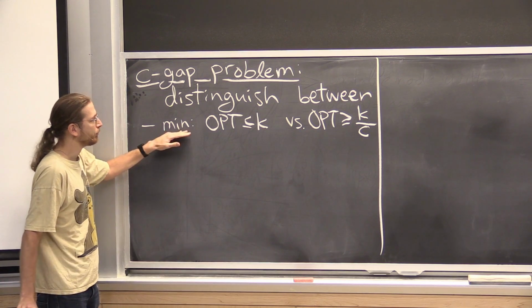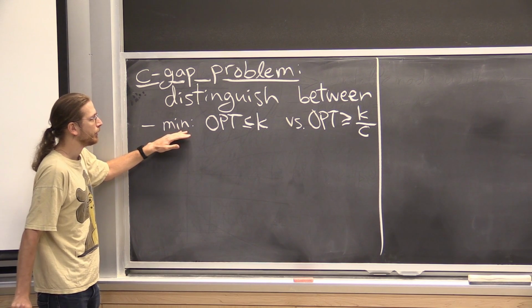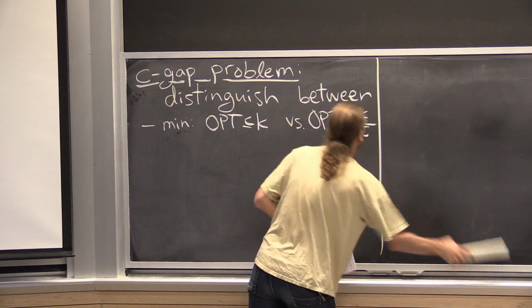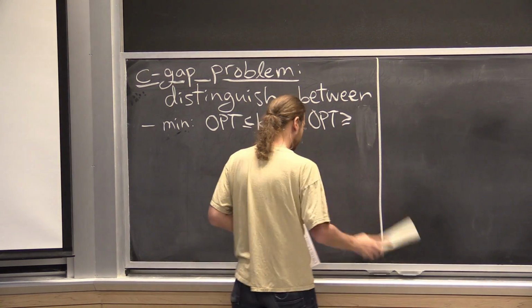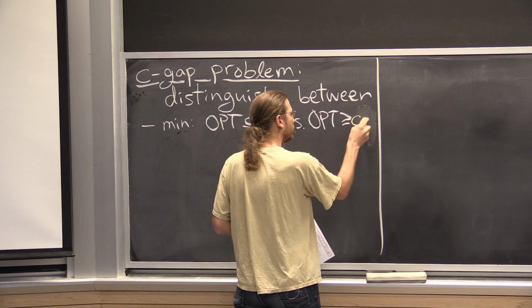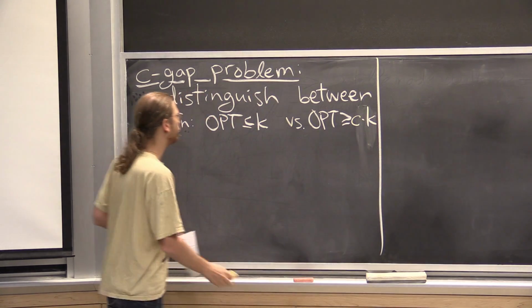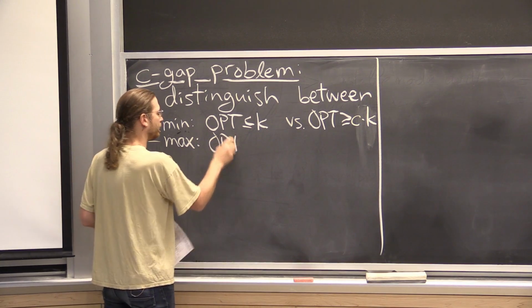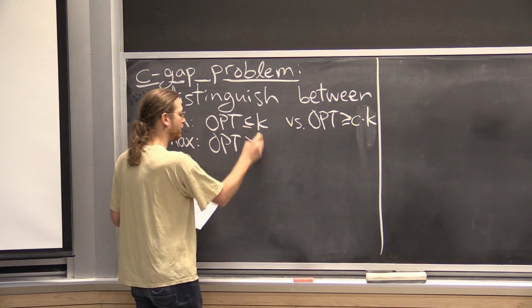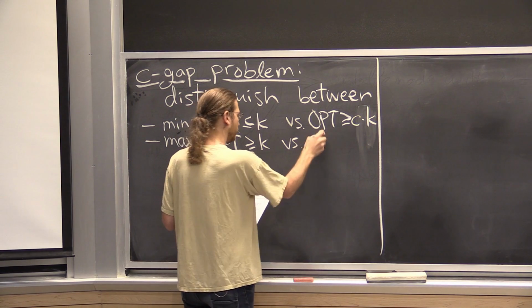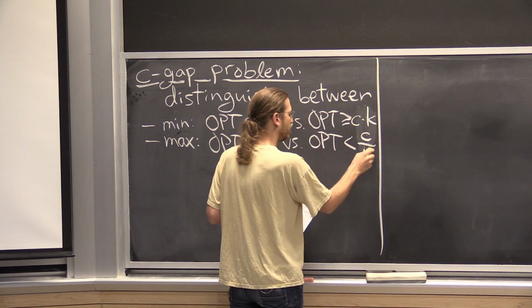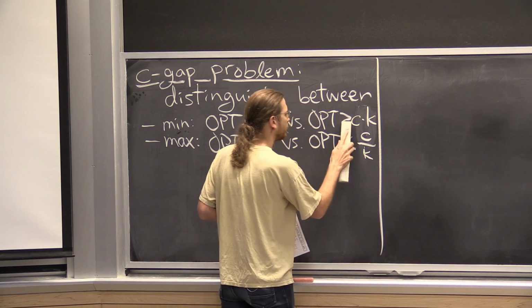So for a minimization problem, normally, did I get this the right way? Sorry, that should be c times k. For minimization, and for maximization, it's going to be the reverse. And I think I'm going to use strict inequality here also.